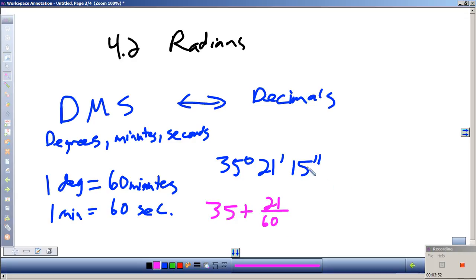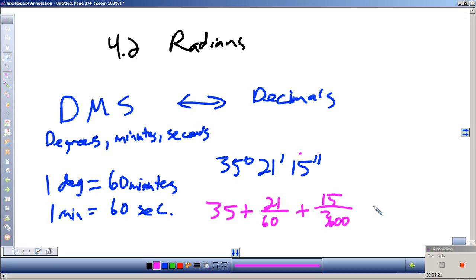Now, how many seconds in a degree? 15 over 3,600. 3,600 came from 60 times 60. So there are 60 that changes this to minutes, and 60 more changes it to hours, or degrees. Just because we're looking for a decimal answer, we'll just use the calculator as it is. Remember, we are looking for a decimal, not the fractional part of it.